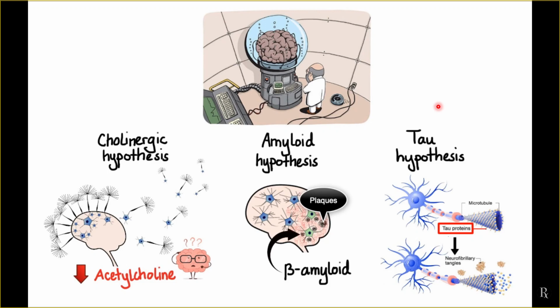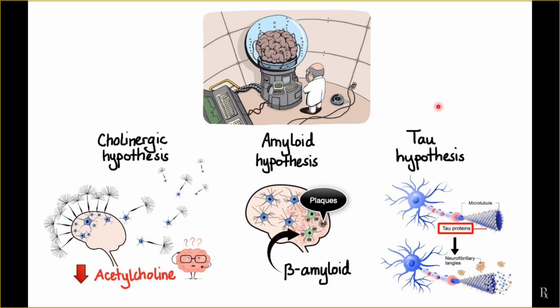Alzheimer's disease is a relatively new disease for which drugs for the treatment have been recently developed, and there are three hypotheses in the development of Alzheimer's disease. Neither of them is considered better than another.